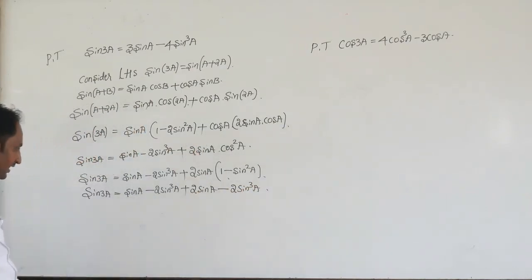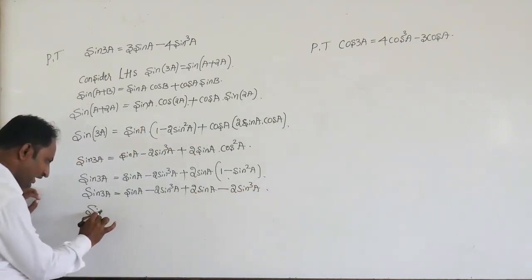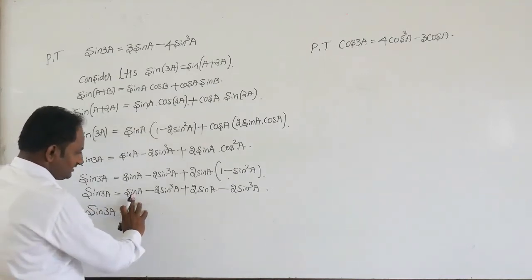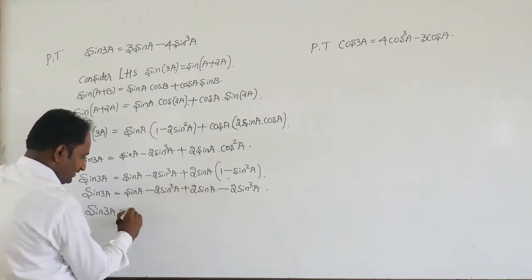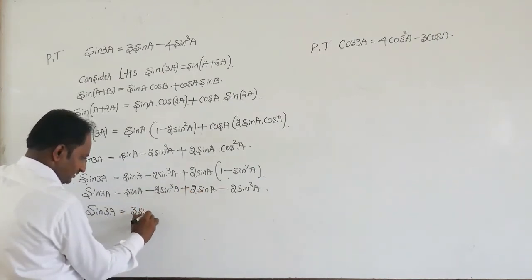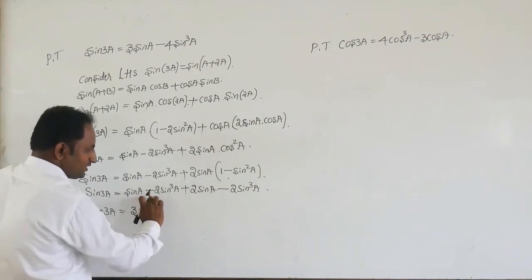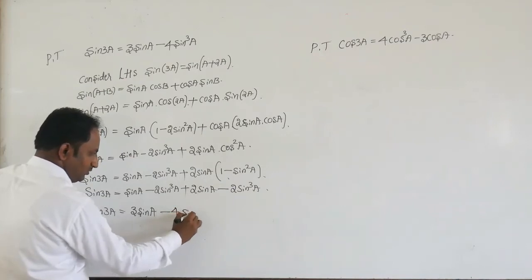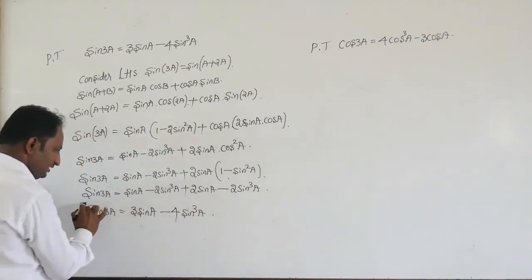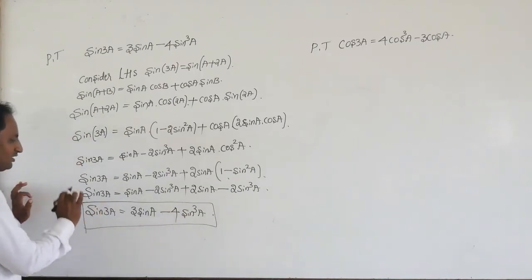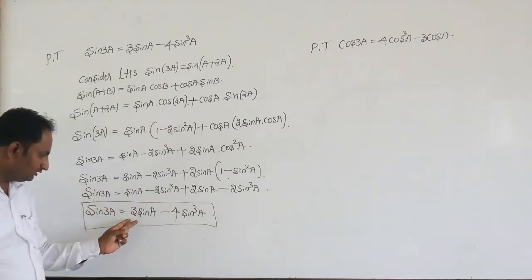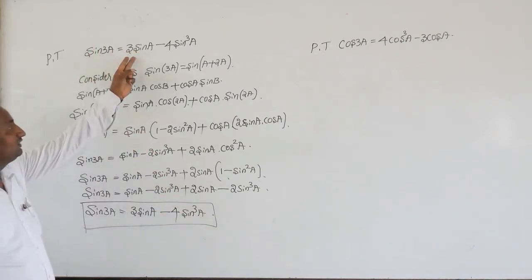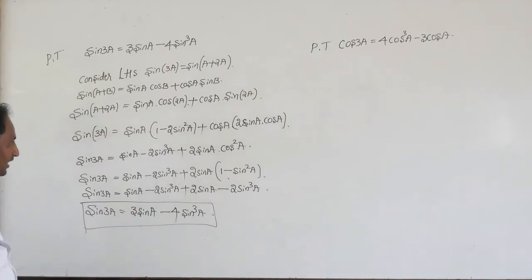Sin of 3a is equal to sin a plus 2 sin a value is 3 sin a, minus 2 sin cube a minus 2 sin cube a value is 4 sin cube a. Here this is our final result. Sin of 3a is equal to 3 sin a minus 4 sin cube a.